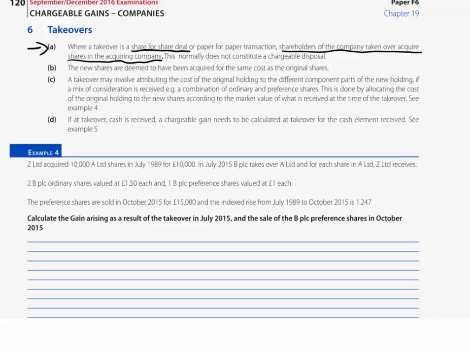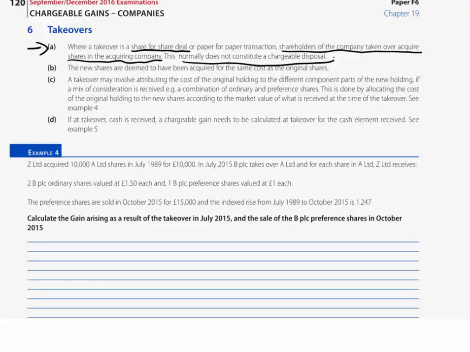But they will still be deemed to have the same cost and index cost now of the original A plc shares. So where there is a share for share deal, this normally does not constitute a chargeable disposal. Again, you may recall back when we covered this area in personal tax for individuals in CGT, there is an election to disapply the share for share relief.